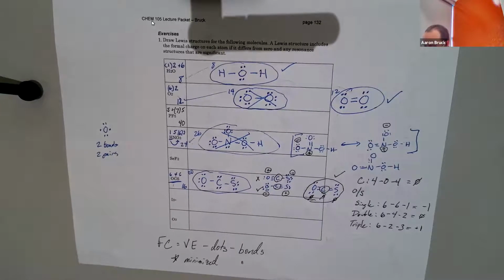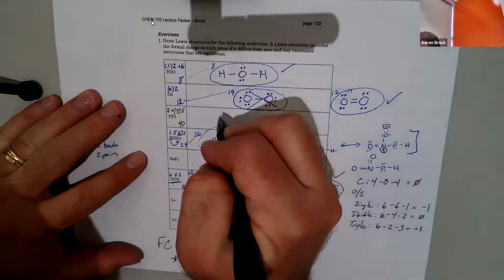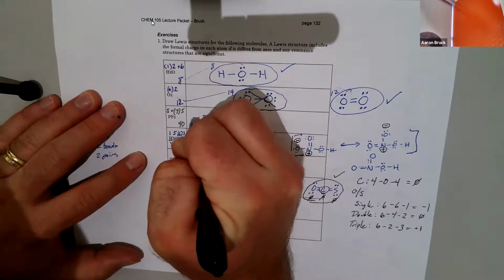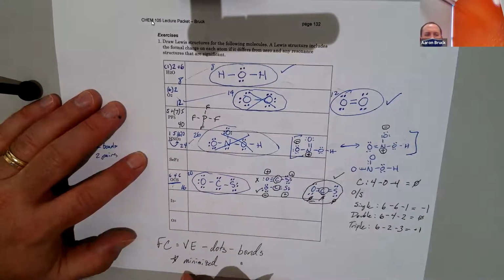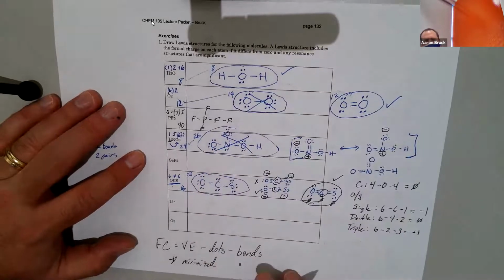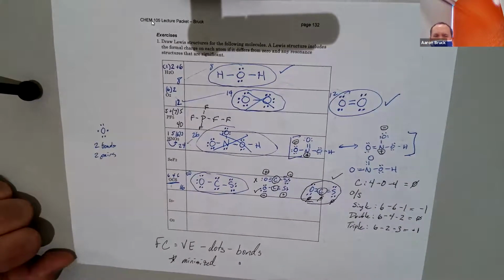Now, if I draw this structure to obey the octet rule, I end up with something like this. I can only make 4 bonds with the phosphorus to fluorines. I'm going to have to make like a bridge to get that 5th fluorine in there.